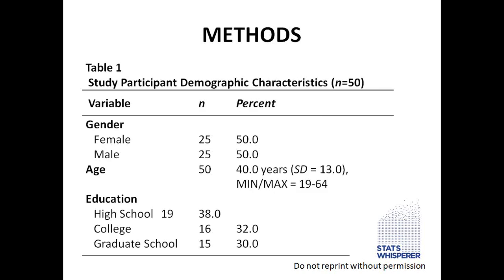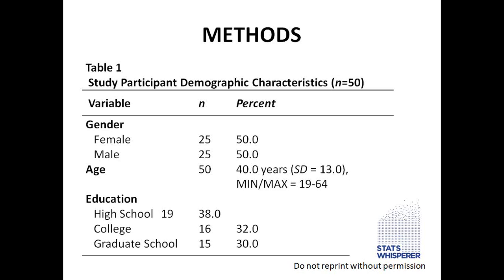And then we express those numbers in table form. So we have Table 1, and this is APA format. You might do APA, AMA, MLA, whatever's good. So we have the title at the top, study participant demographic characteristics.